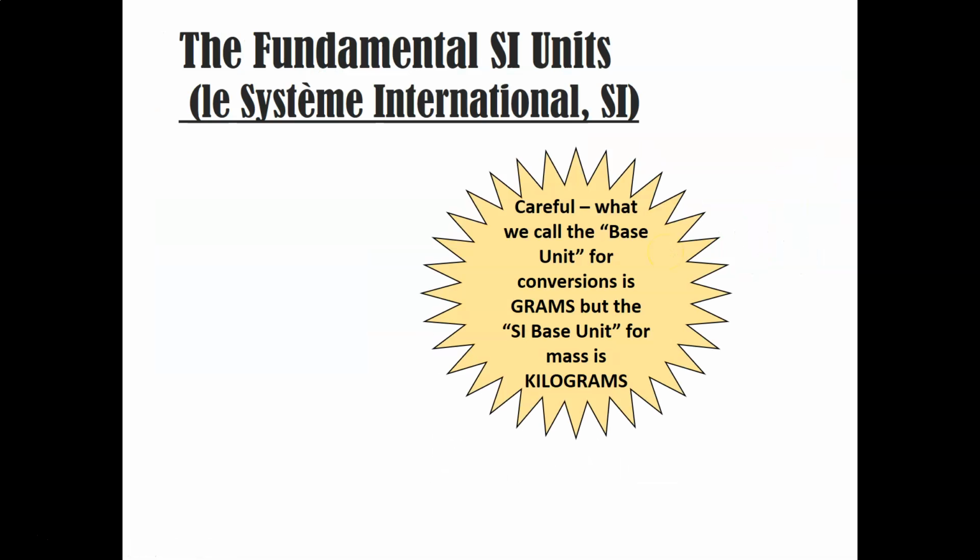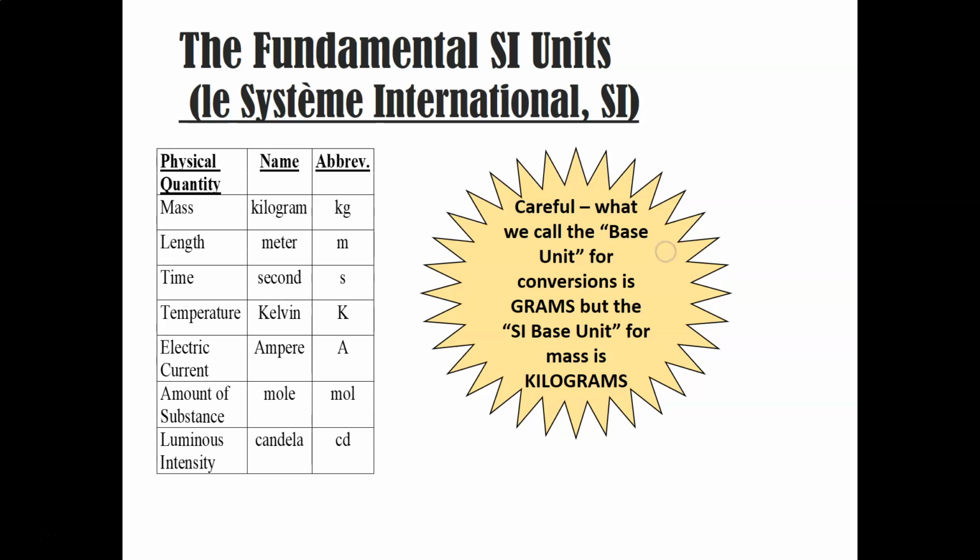You do need to be a little bit careful about the difference between what we call a base unit when we're doing our conversions and something called an SI base unit. An SI base unit is a whole other system that is agreed upon in science, and for the most part they're the same as our base units, but every once in a while there is one that's a little different.